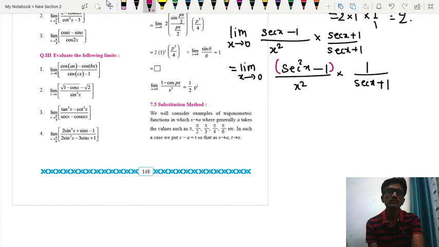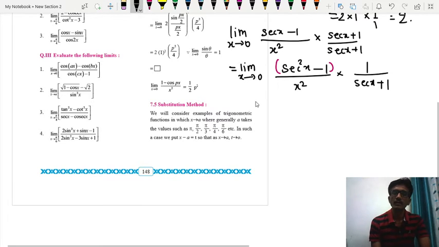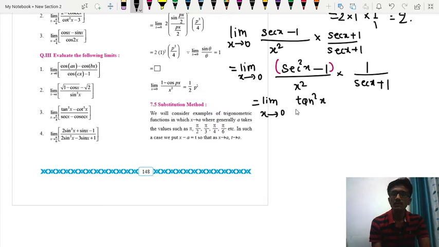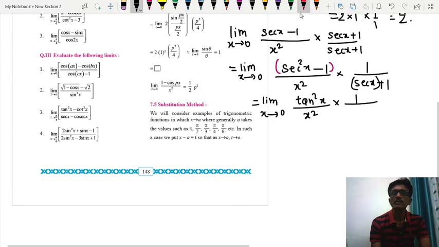Tan square x. So let's write it, limit x tends to 0, tan square x upon x square into 1 upon, taking the limit over here, sec x.